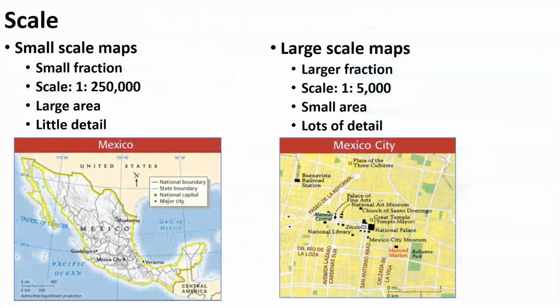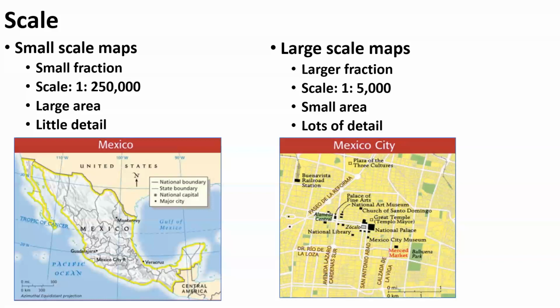One of the ways to look at projections is also by understanding the issue of scale. For example, here we have two maps, one on the left and one on the right. The map on the right, we would refer to as a small scale map, because we get a smaller fraction. For example, we could say that the map below is 1 to 250,000.